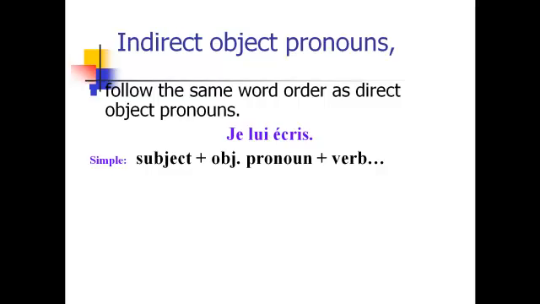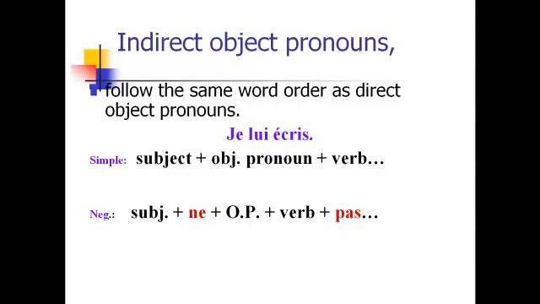You'll start with your subject, person doing the action. You'll have your object pronoun, whether it's a direct object pronoun or an indirect object pronoun, and then you'll have your verb, and then you might have something else in the sentence. That's the same word order that the sentence je t'aime or I love you follows. Now, if you wanted to make that simple sentence negative, ne and pas are going to go around the pronoun and the verb.